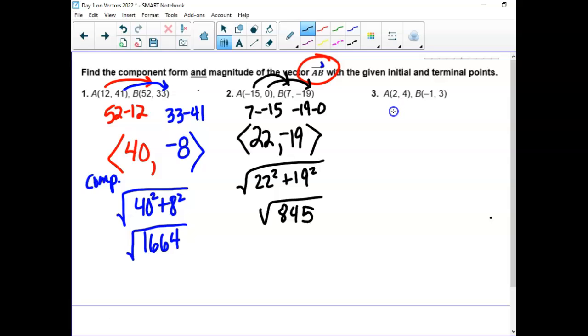All right, can you do this one on your own? A to B. I got a negative, negative. Did anybody else get a negative, negative? And I think just square root of 10, isn't it?